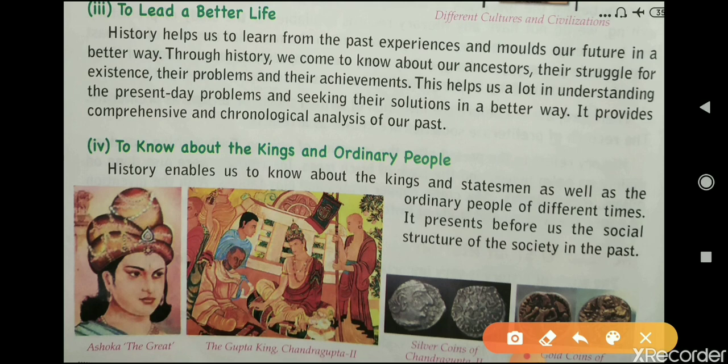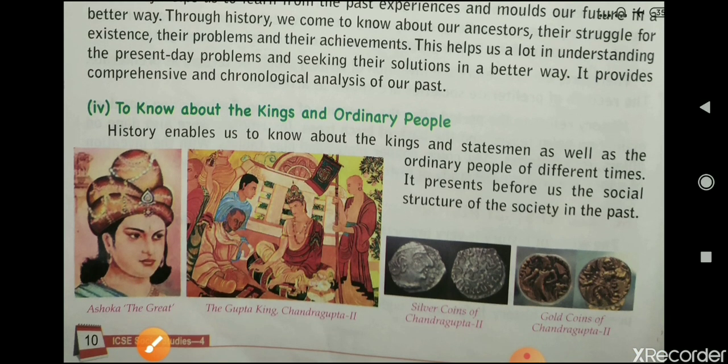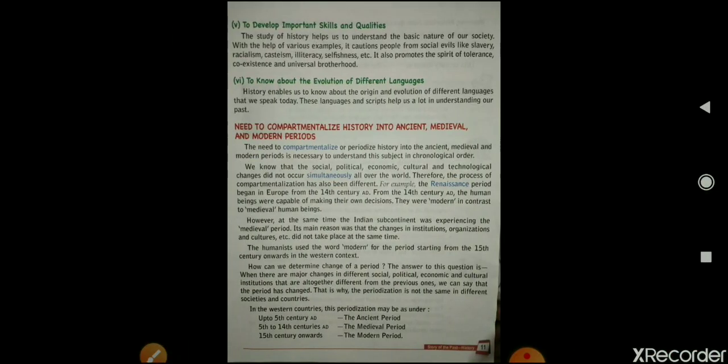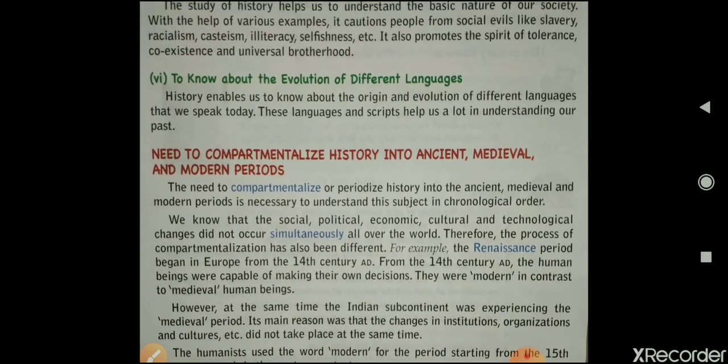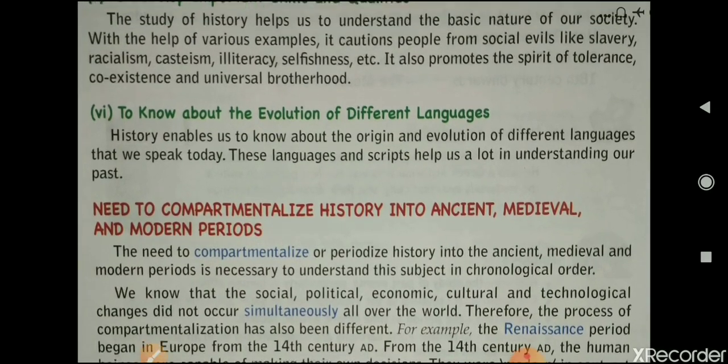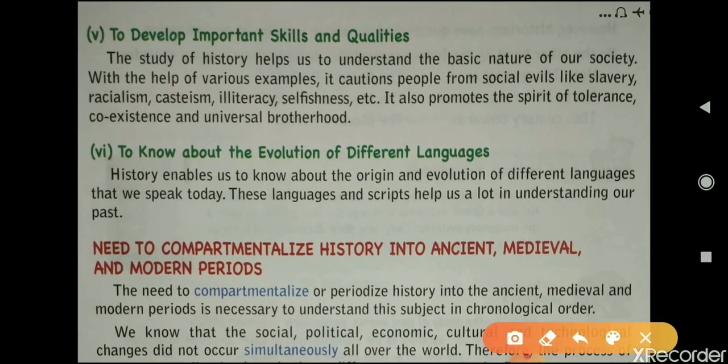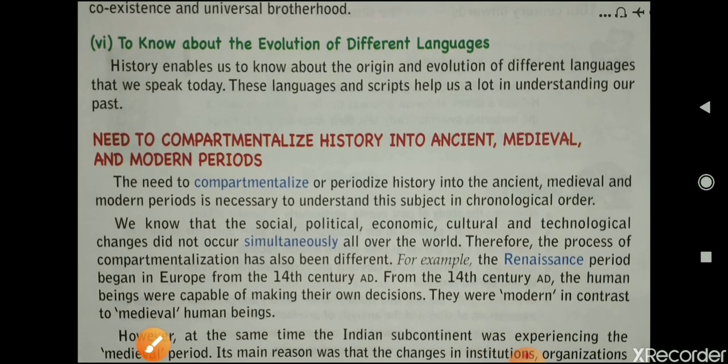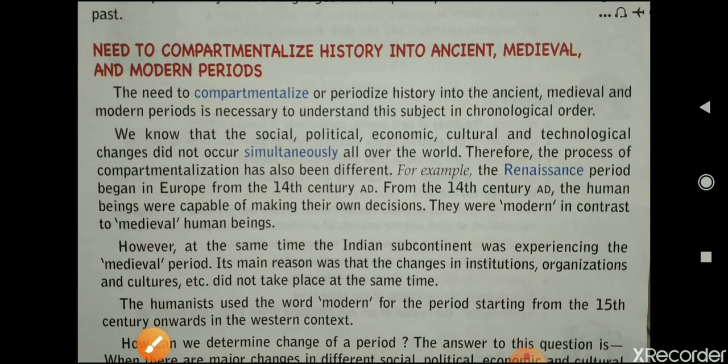And to know about the kings and the ordinary people, that is, how kings were earlier and about the ordinary people, we can know all that from history. Then to develop important skills and qualities. And the last one is to know about the evolution of different languages, how different languages evolved. So what can tell us all this? By studying history.